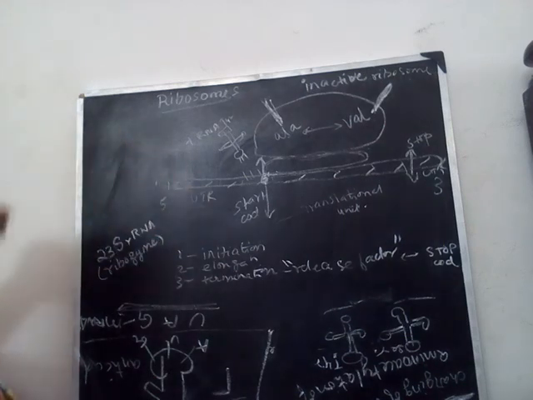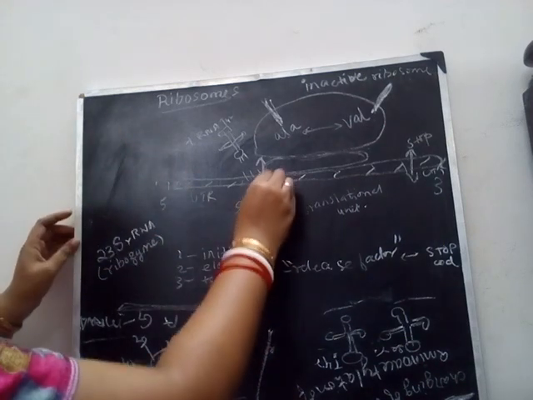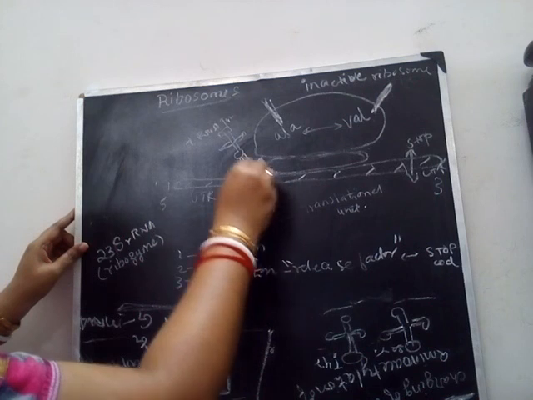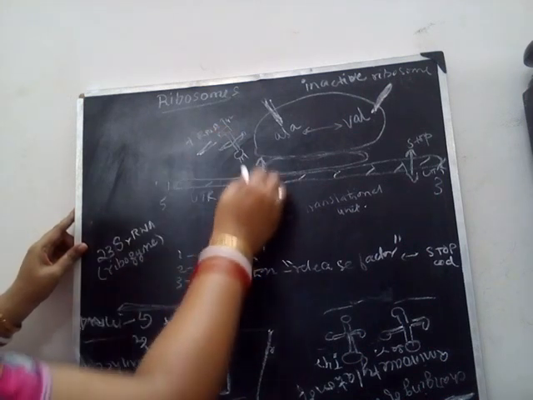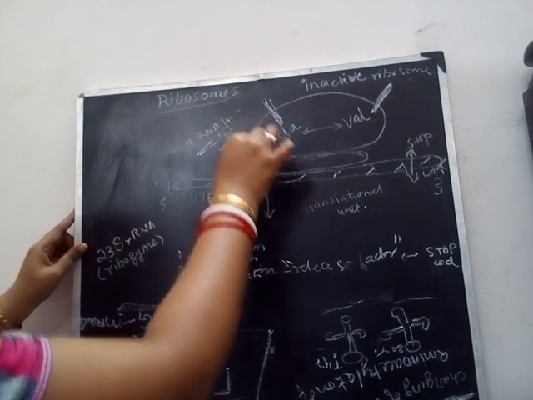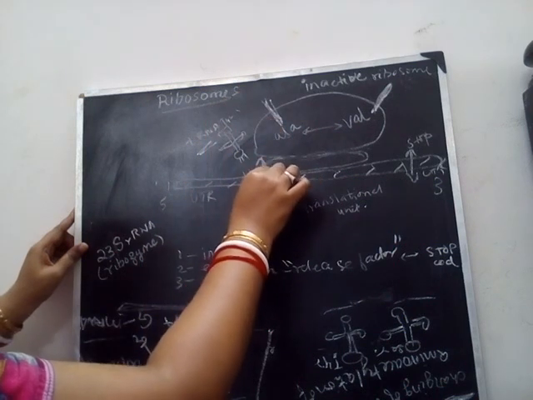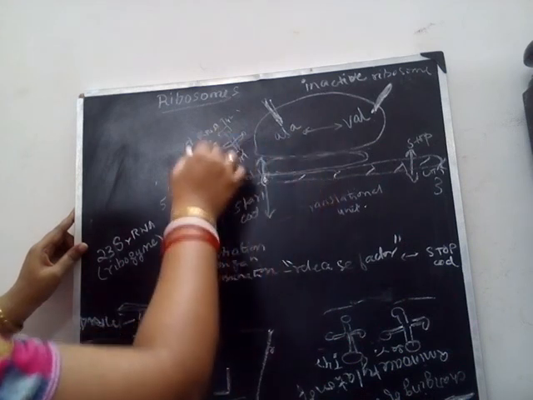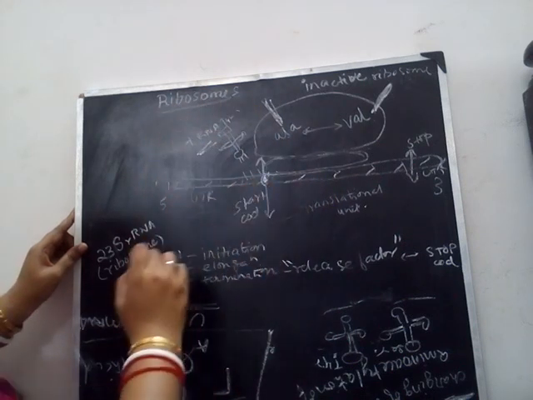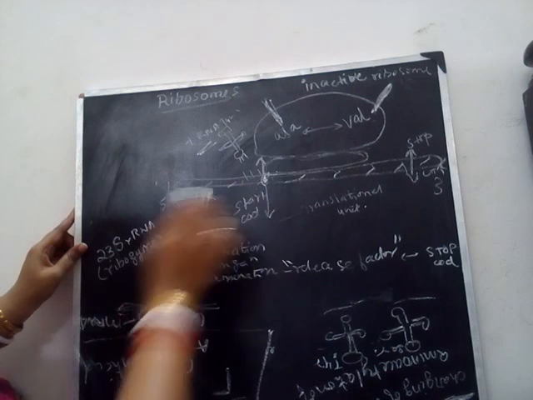Now let's start. From the start codon, the anticodon belonging to the transfer RNA, which has got the tyrosine, will come and deliver it here. This transfer RNA will read the codons, because it has the anticodon.